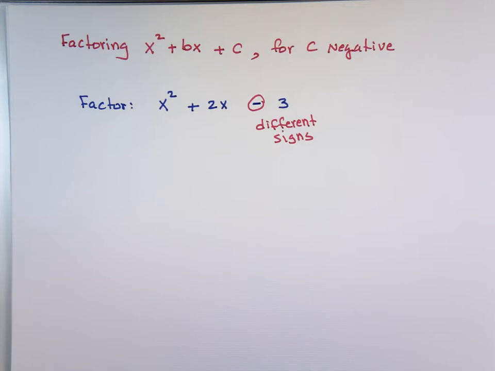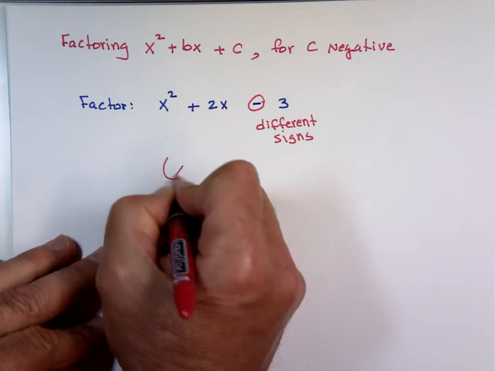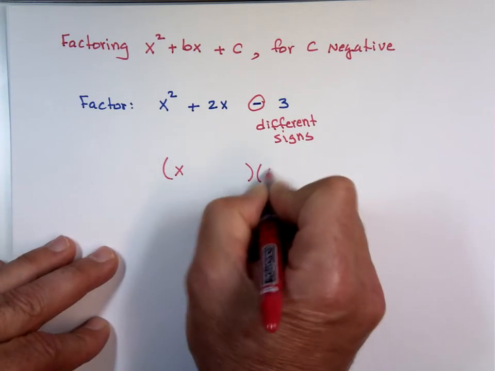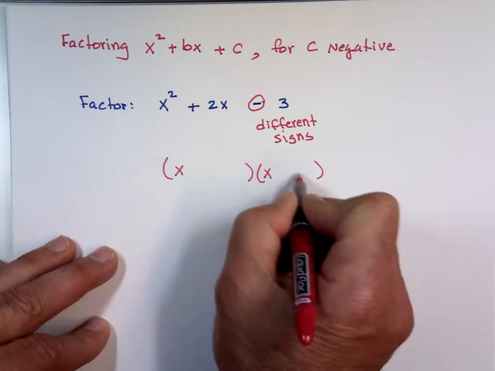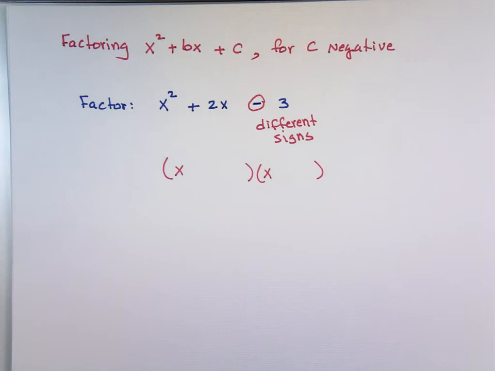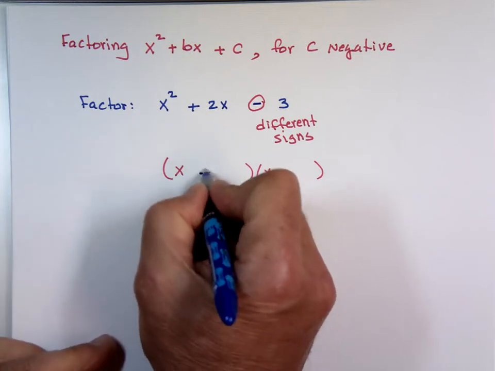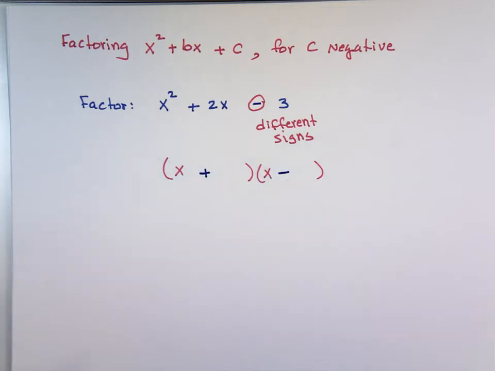So the x squared, when I factor that, is going to be x and x. What are you going to put here? That's the question mark. But we know one of them is going to be positive and one is going to be negative. Different signs. I have no idea which one's which, and my job is to find them.